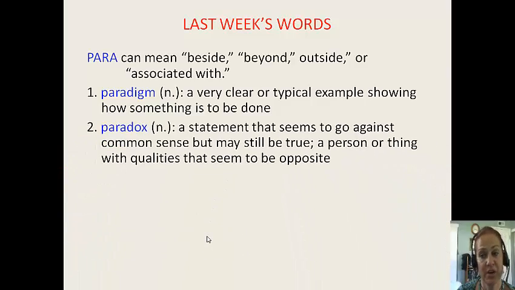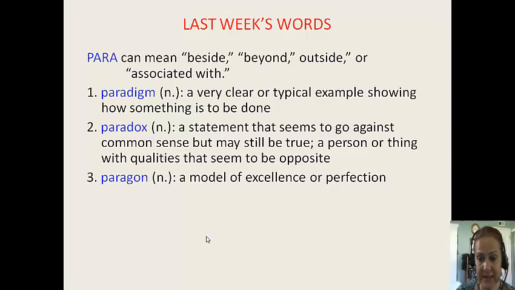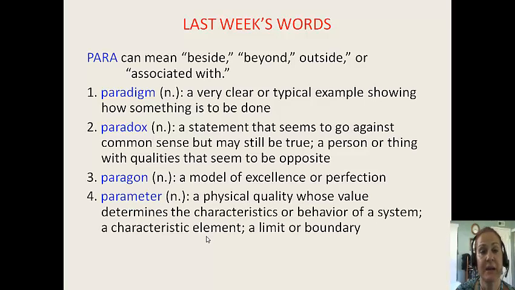You had paradox, a statement that seemed to go against common sense but was still true, a person or thing with qualities that seemed to be opposite. Then there was paragon, which is a model of excellence or perfection. And parameter, a physical quality whose value determines the characteristics or behavior of a system, a characteristic element, a limit, or a boundary.